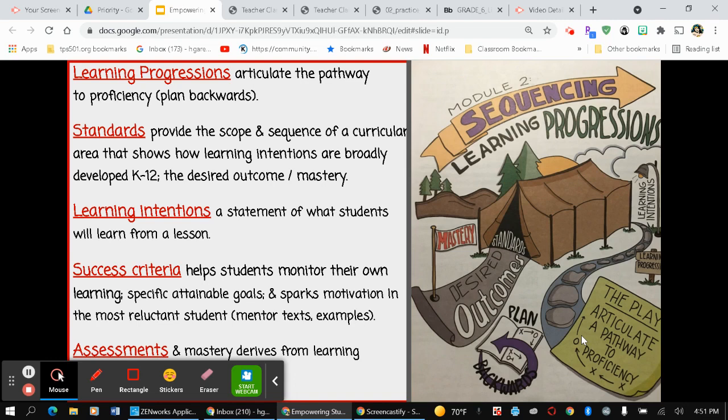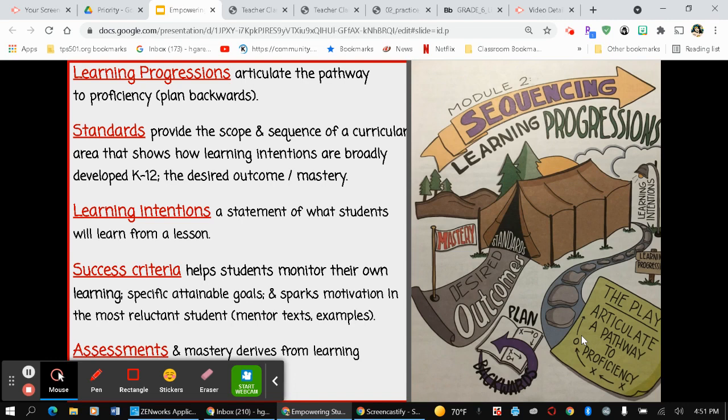And that pathway that we're going to identify together with our colleagues in PLCs or as we plan is going to lead to learning intentions. The learning progressions, what they do is they articulate the pathway to proficiency. The standards provide the scope and the sequence of the particular curricular area that shows how learning intentions are broadly developed and the desired outcome. Learning intentions are a statement of what students will learn from a lesson.